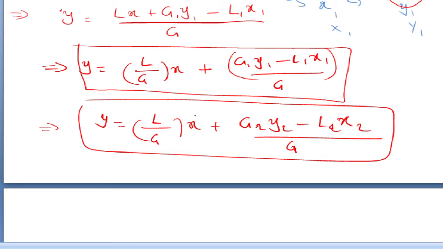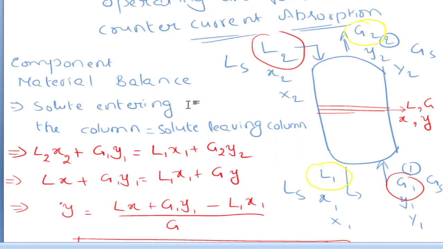Now if you consider that the solvent which you are using is a pure solvent, that means it doesn't contain any solute initially. Here you see this L we have assumed, this solvent flow rate is L2 and x2.